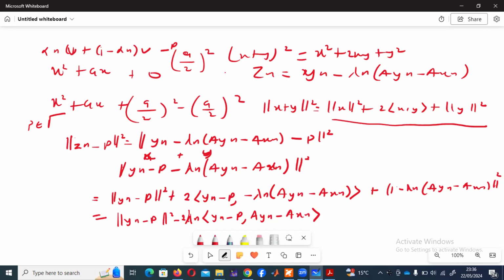Then lambda n squared is a constant too, and inside the norm I can bring it out, so plus lambda n squared into the norm of Ayn minus Axn squared. So, clear?